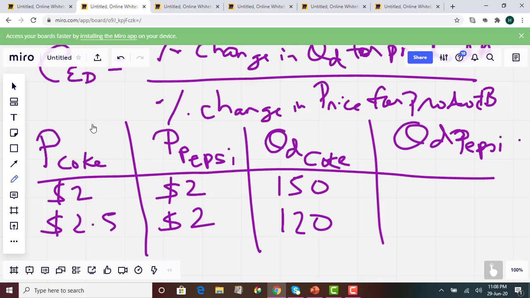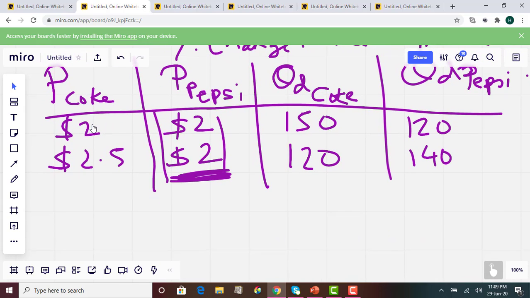And then for Pepsi, we actually see there is an increase in quantity demanded because of the change in price, although the price of Pepsi did not change, it remained the same. Okay, so now we calculate the cross elasticity of demand and figure out if Coke and Pepsi are substitutes or complements to one another.